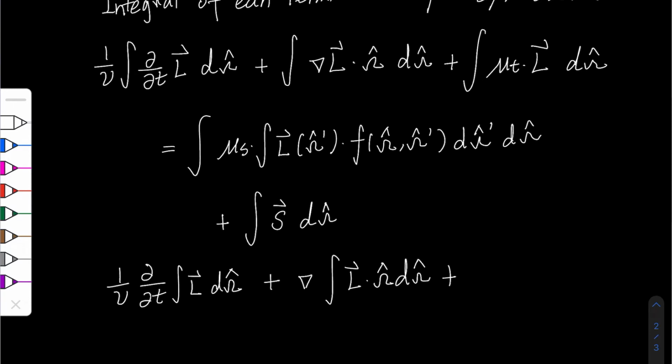For the next term, mu t is a constant value, so we can put it outside of the integral, leaving the integral of L. On the right hand side, mu s is also a constant value, so we can put it outside of the integral.